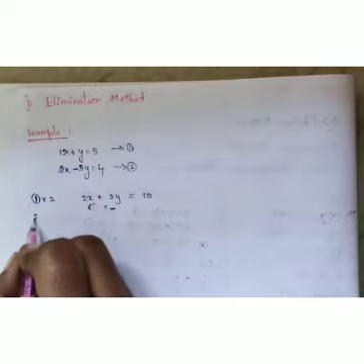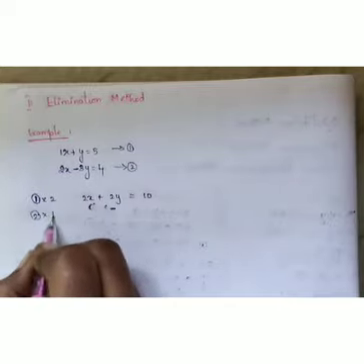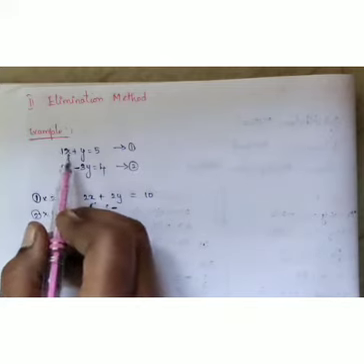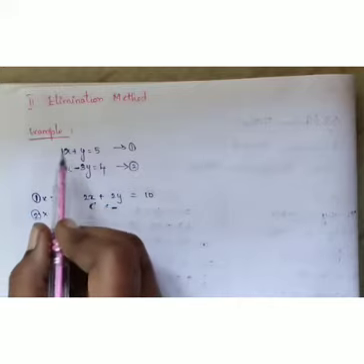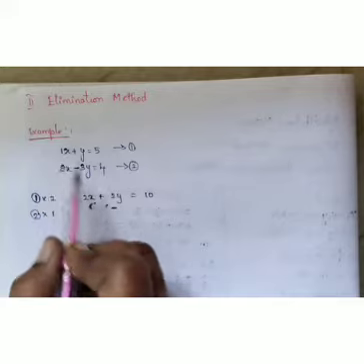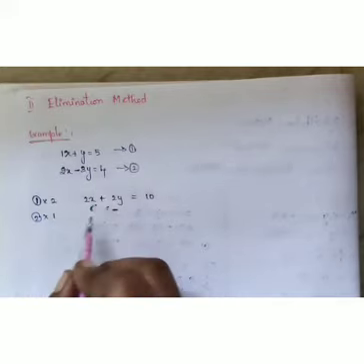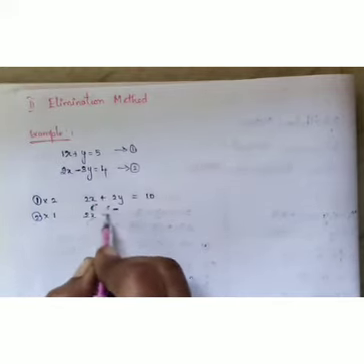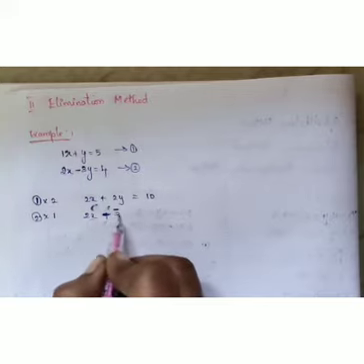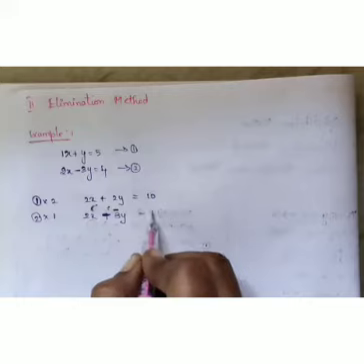Now the second equation I have to multiply by 1 because I have 1. Suppose I have any number like 7, 9, 10, 21, 31, with that number I have to multiply the entire second equation. Here I have 1, so I multiply with 1. So 2x, and here I have minus, so minus 3y is equal to 4.